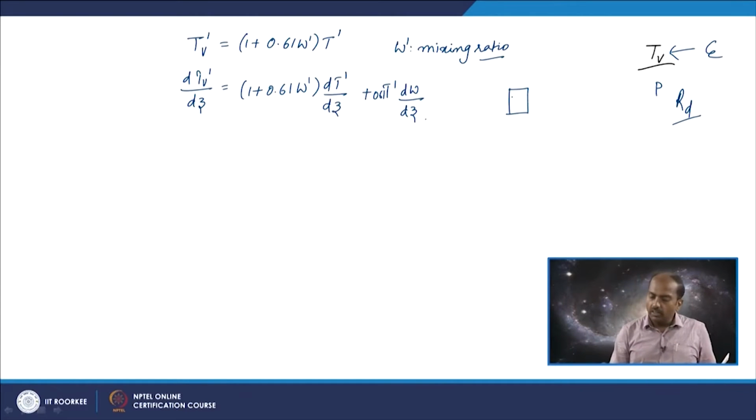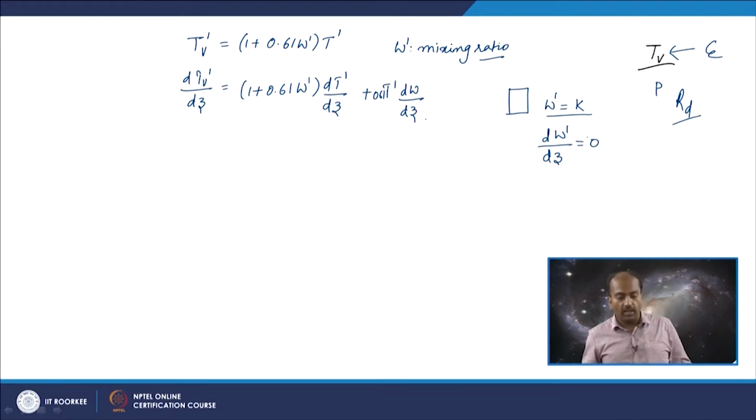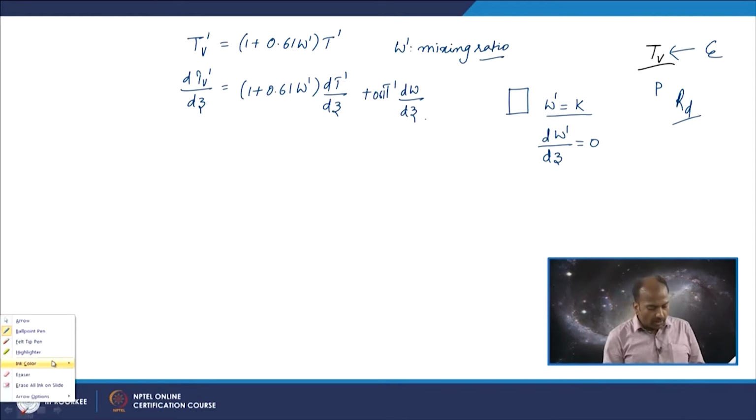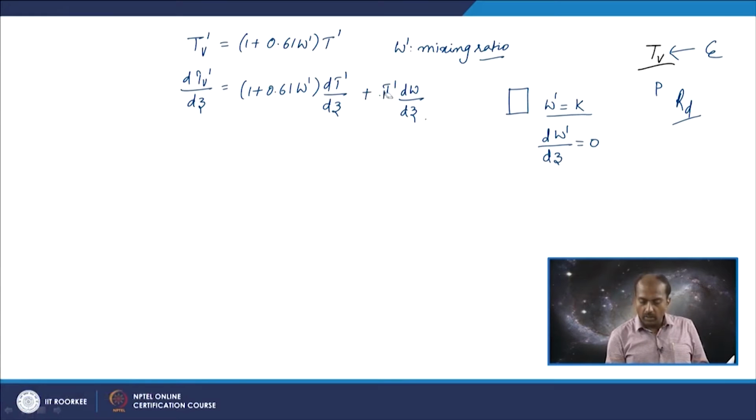So, the mixing ratio W prime is a constant. The mixing ratio inside the air parcel will not change with respect to the height. So, that means we can exclude this particular term. This term is not relevant for us when we write it, right.